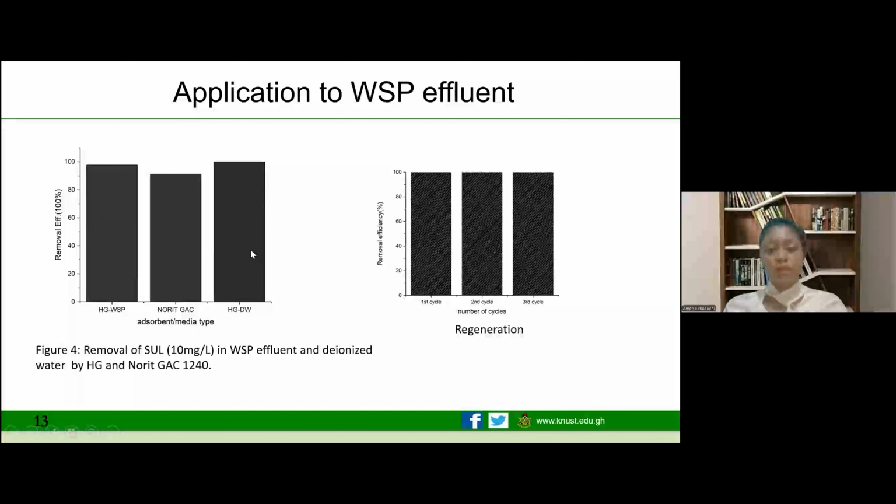Using deionized water, because in all other experiments before now we used deionized water, we found 100% removal efficiency, showing that other contaminants may be competing with sol in the wastewater, as expected in real wastewater.